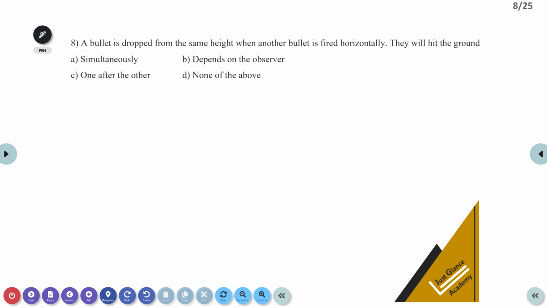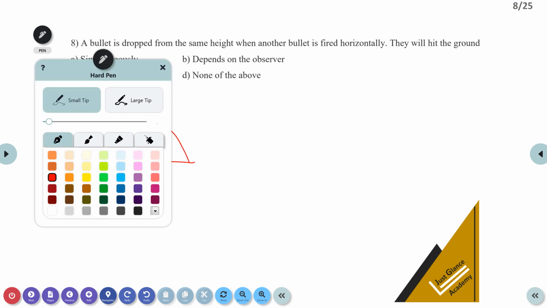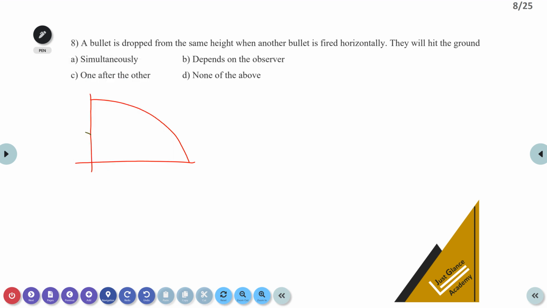Which will hit the ground first? I told you, one bullet is traveling vertically downward, and another is fired horizontally with horizontal velocity ux. But at any point of time, the y coordinate, the vertical height traveled, is the same, so they will hit the ground simultaneously.